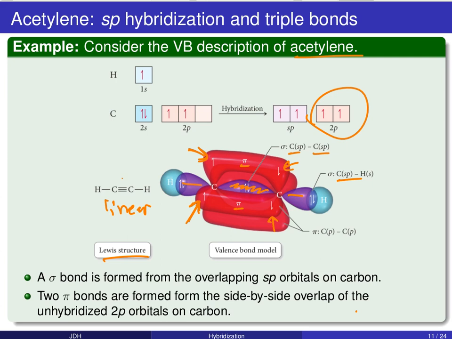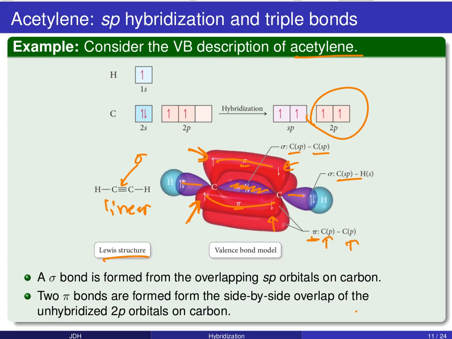And so that first bond in acetylene, we can think of it as our sigma bond here, but then there are an additional two bonds that are formed through this side-by-side overlap, which we know are of course pi bonds, and so those are labeled here. Again, pi bonds, formed between carbon p and carbon p orbital overlap.